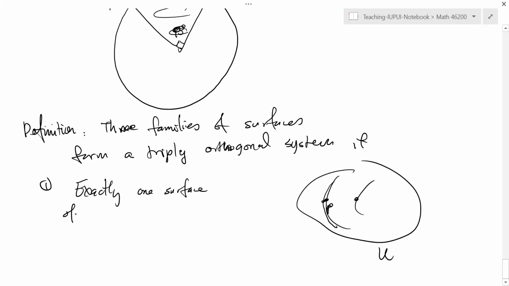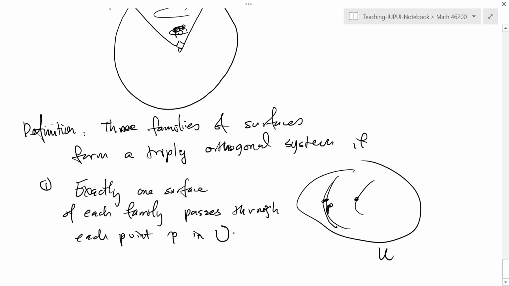Each family passes through each point P in U. This is a 3 family of surfaces inside U. We don't need the whole space. So for every point, there's one surface in each family passing through that. Those 3 surfaces here.